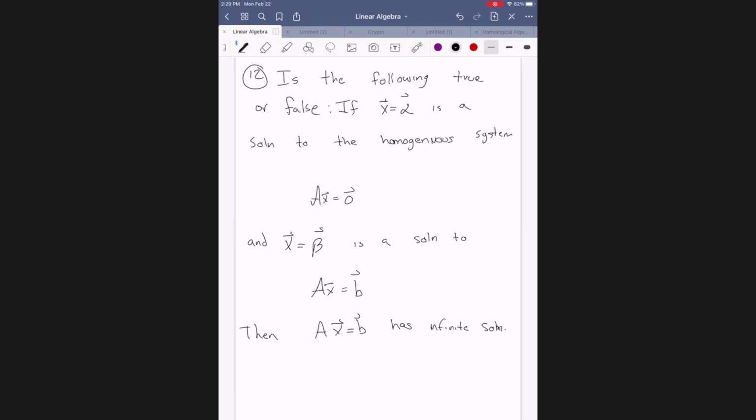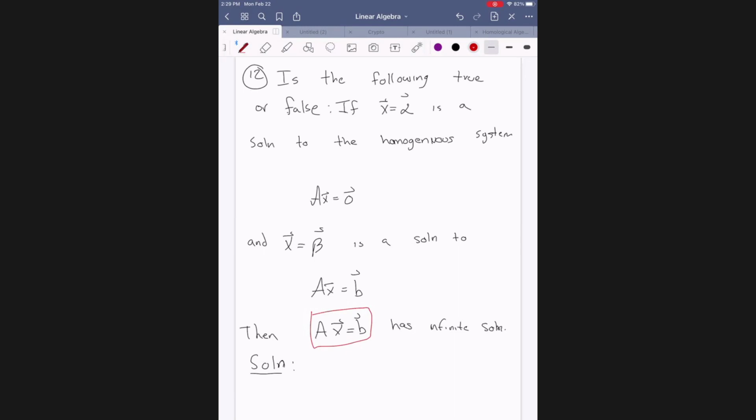Okay. So for this one, what do you guys think? Does this guy right here always have infinite solutions, or is that not true? So first thing I would do is basically this.